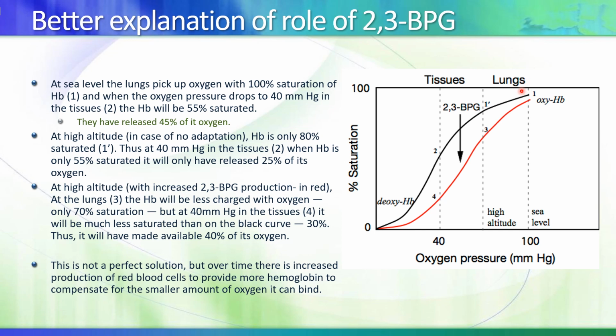Now let's say that a person goes to a high altitude and there is no change in the level of 2,3-bisphosphoglycerate in red blood cells. Now the pressure of arterial oxygen is not 100, it's about, let's say, 80. Okay, so you have fewer hemoglobin molecules that are saturated with oxygen.